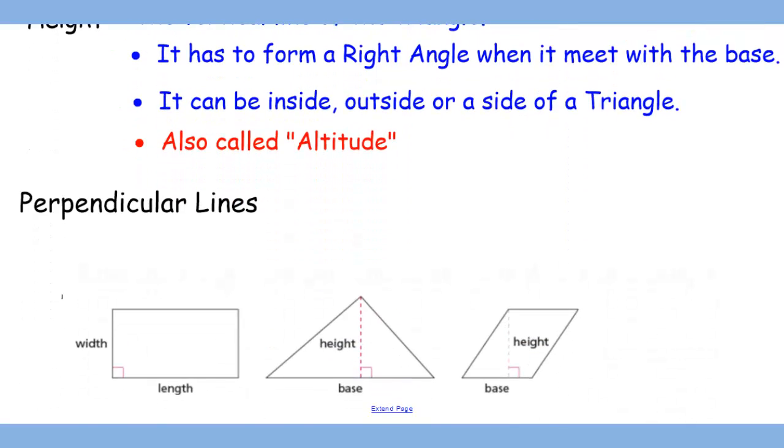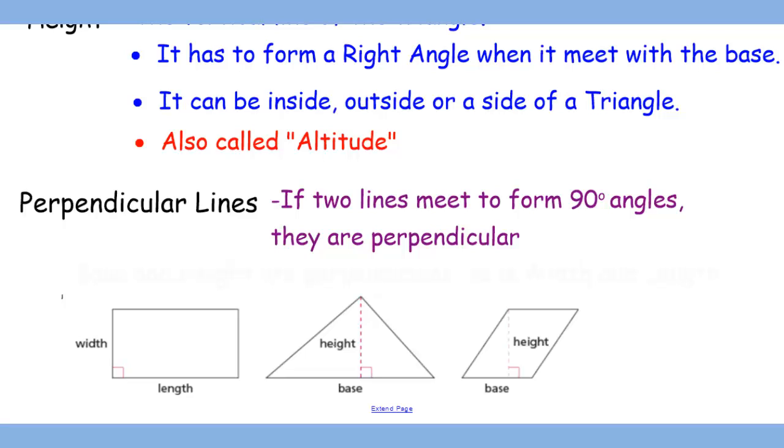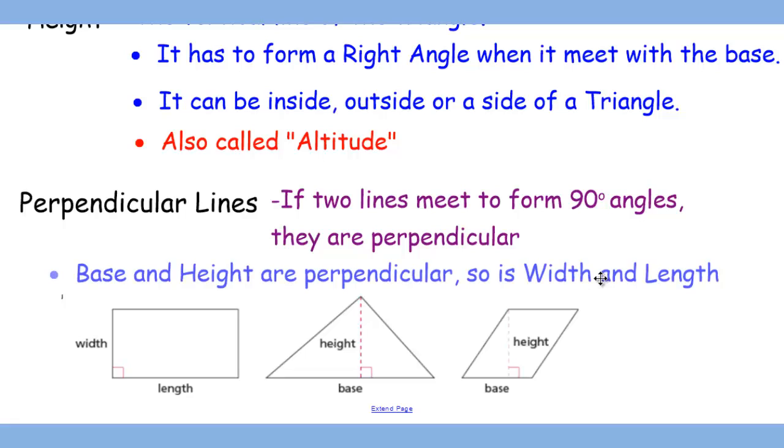Now the last word on the list is perpendicular lines. If 2 lines meet to form 90-degree angles, they are perpendicular. So in the examples below, as you can see with the 3 pictures, the base and the height in a triangle and a parallelogram are perpendicular. So is the width and the length in a rectangle.